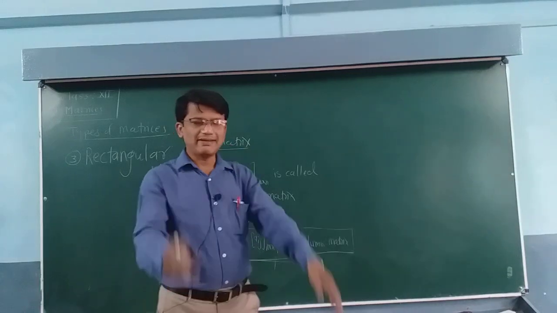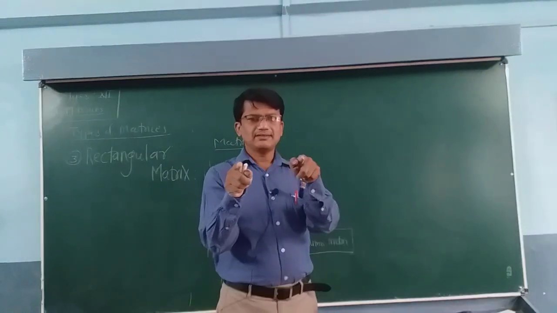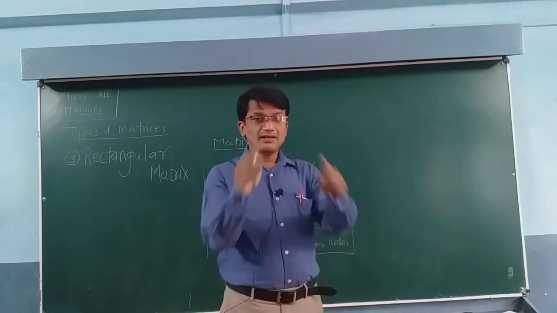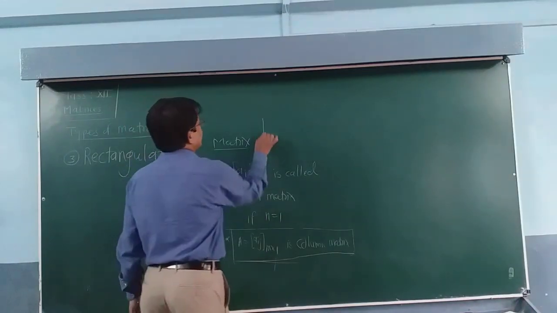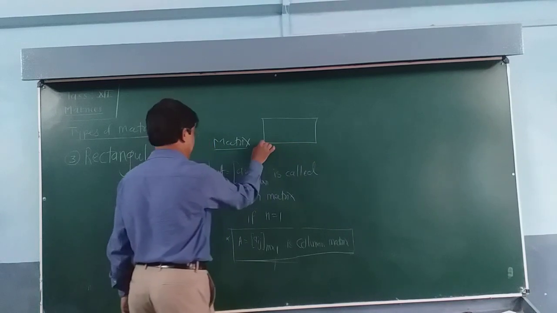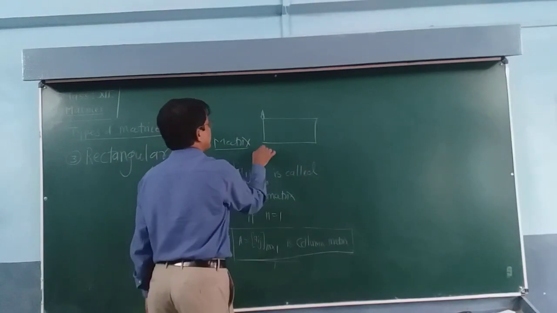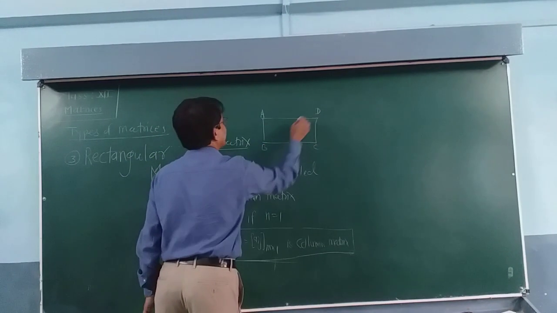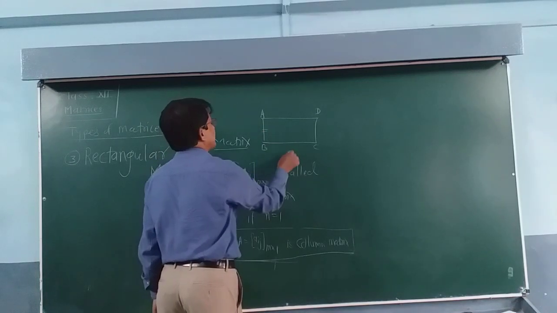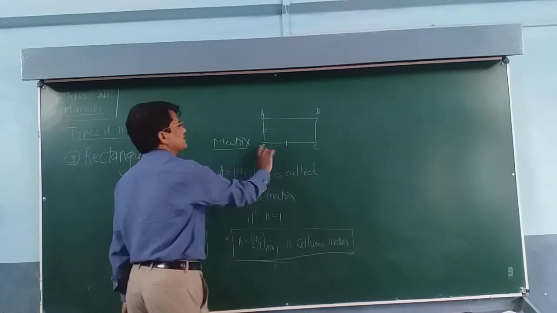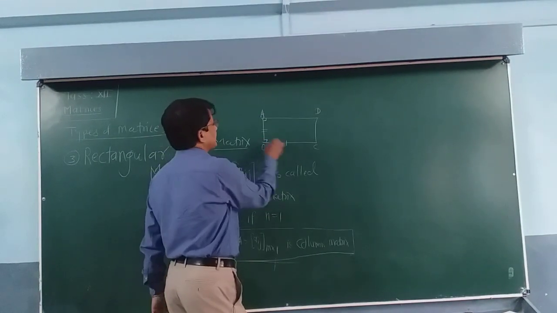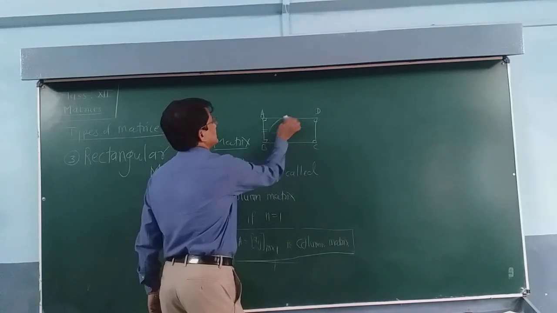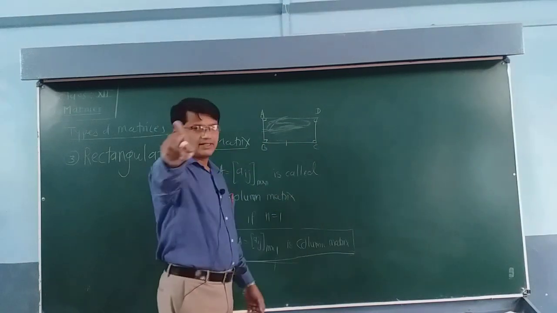Rectangle, you know, geometrical concept: triangle, quadrilateral, rectangle, square. So look here, this is a rectangle. ABCD is a rectangle. Here AB is not equal to BC. Hence each angle here is 90 degrees. This figure represents a rectangle.